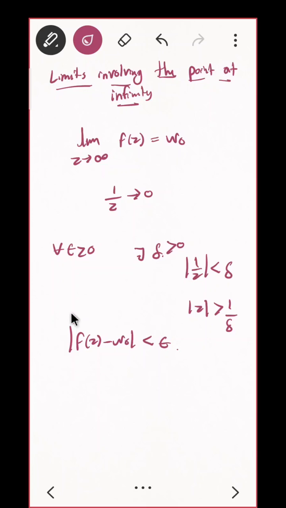And what about this one? That was for the limit. What about this one? If limit z tending to z naught of f of z is equal to infinity, then can you define this? How will you define this?